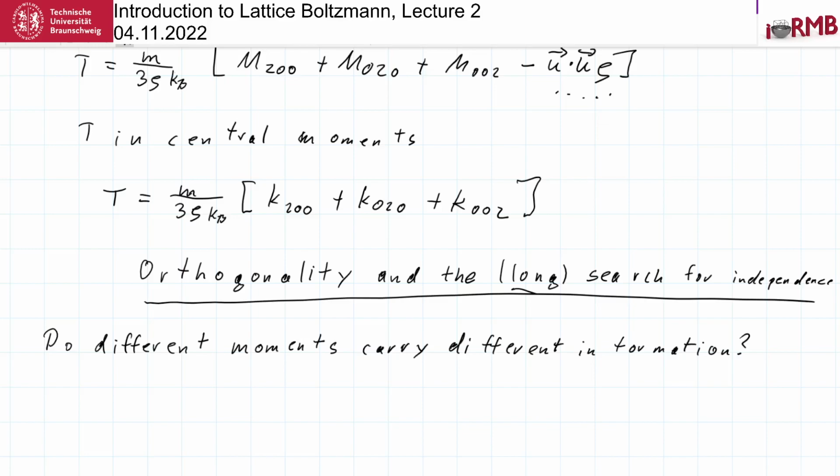Now, looking at the distribution in general could be difficult. This is why we look at the simplest distribution that we can imagine, and this is, of course, the equilibrium distribution. Let's see whether at the equilibrium we get different information from different moments.